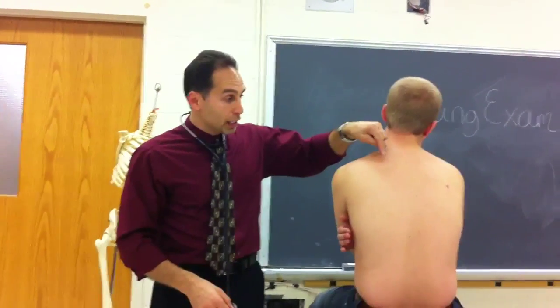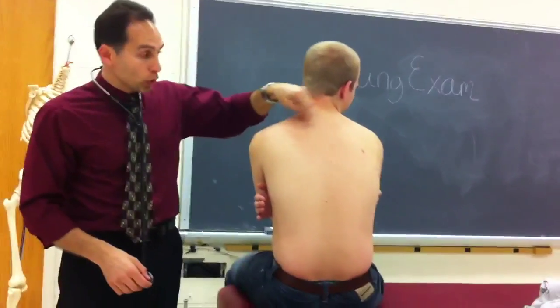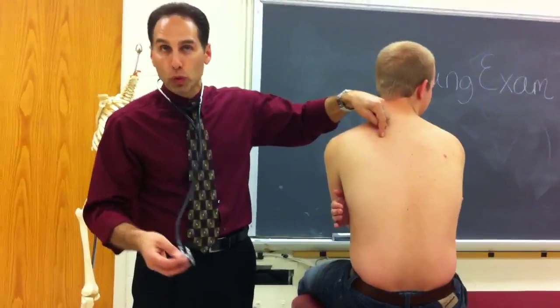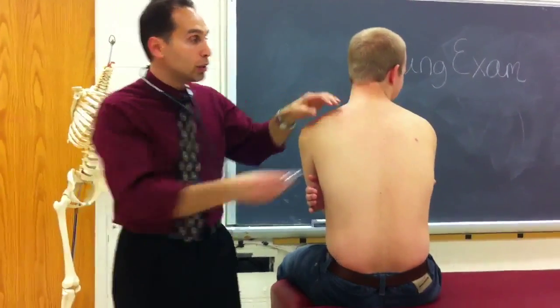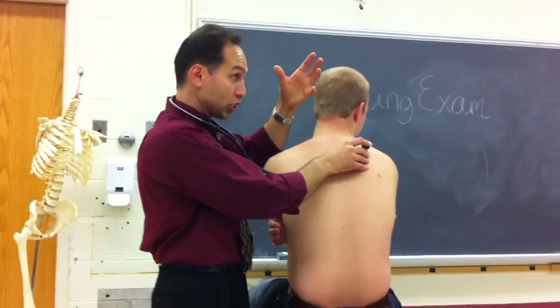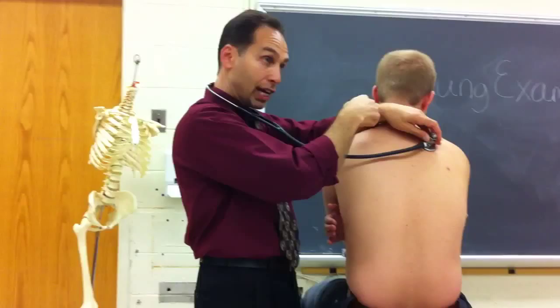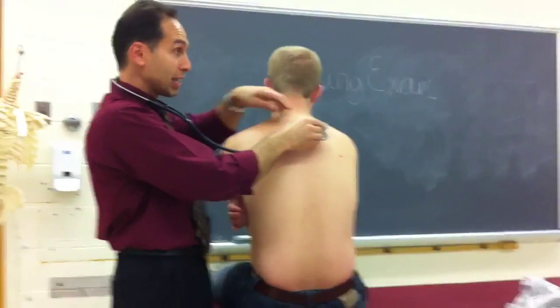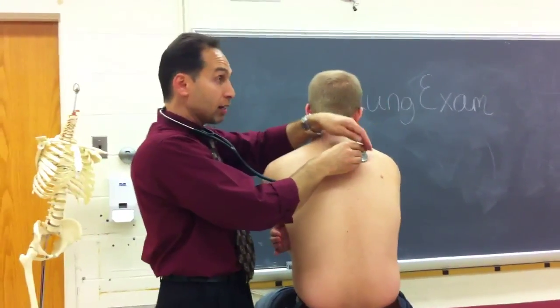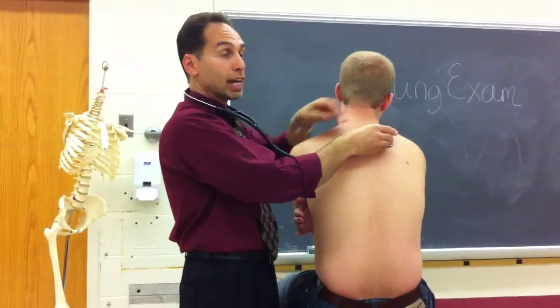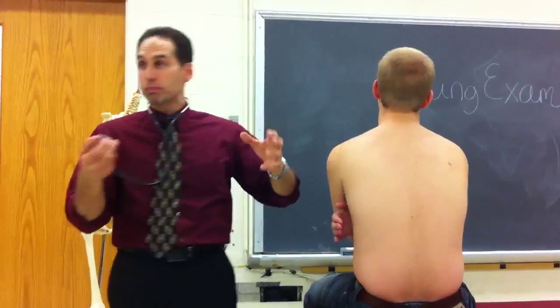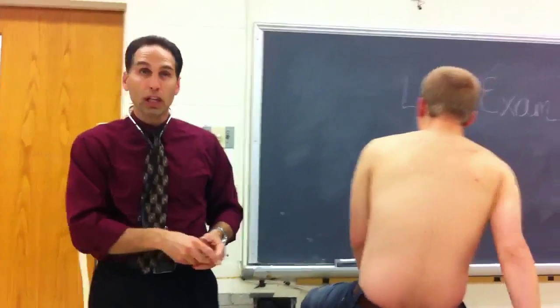With the whisper, what they call whispered pectoriloquy, if I can make out on the bad side what he's saying, it may indicate consolidation. And with the egophony, if the E sounds like an A, then it may indicate some kind of consolidation. So all these things tell you, for the most part, consolidation.